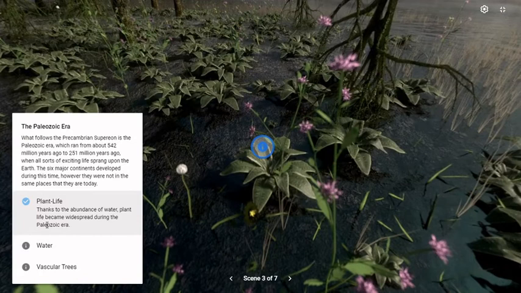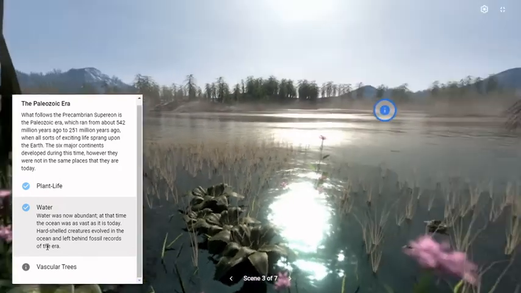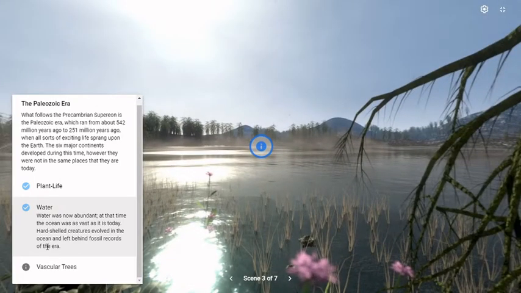What follows the Precambrian supereon is the Paleozoic era, which ran from about 500 million years ago, as I told you, but the plant life started. So, thanks to the abundance of water, plant life became widespread during the Paleozoic era. Water was now abundant.